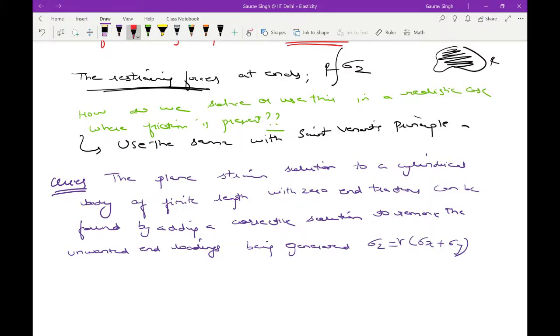So if there is absolutely zero end tractions, how would you then solve this problem? Because you have to actually eliminate this part, the sigma z it will generate because of the sigma x plus sigma y.